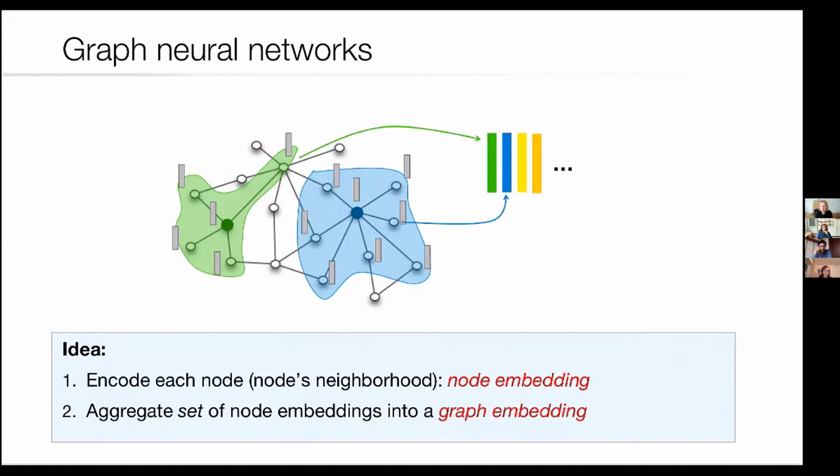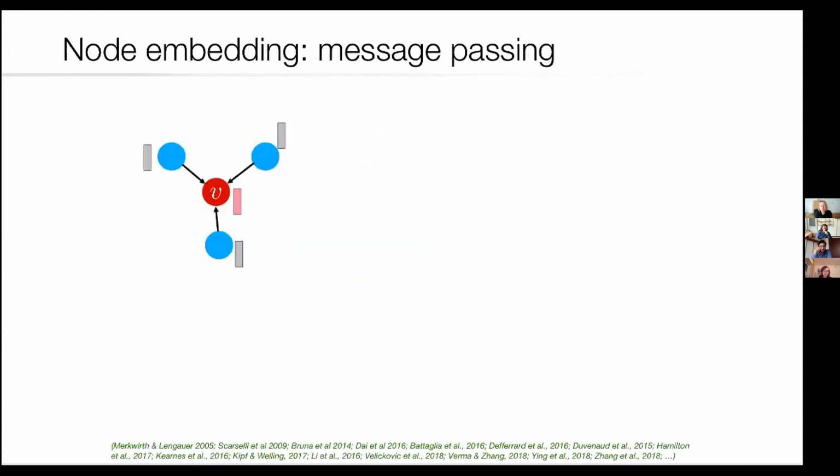So how do we compute a node embedding? That's actually already where you see some algorithmic similarities happening. In a large class of these networks, it's essentially a learnable message passing algorithm. You start out with each node having a vector representation from the input, and then you go in rounds.